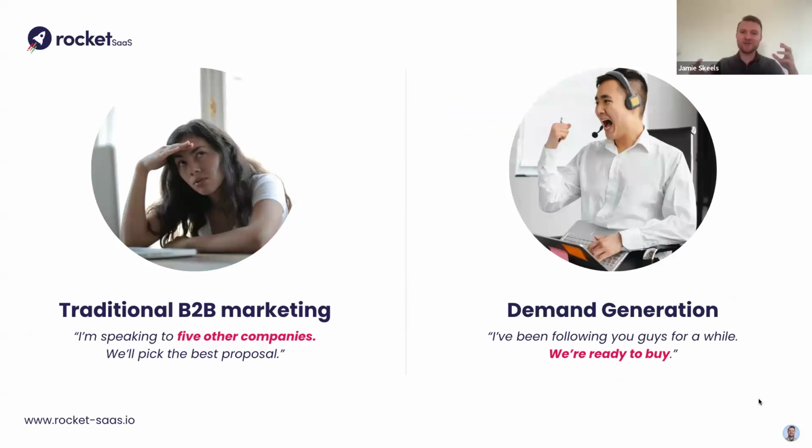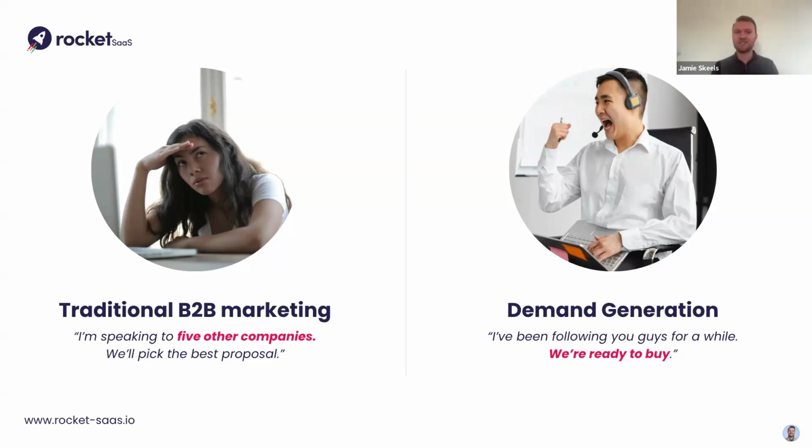Cool. Yeah. So just to illustrate what we were talking about on the last slide, what we're ultimately trying to achieve is that we don't want to be the person on the left-hand side of the screen. We don't want to come into a sales conversation right at the end of that sales cycle, where we're just one of a number of options. They don't really know much about us, our content or our product.